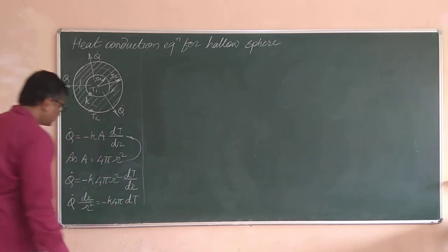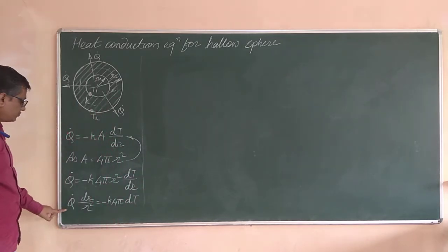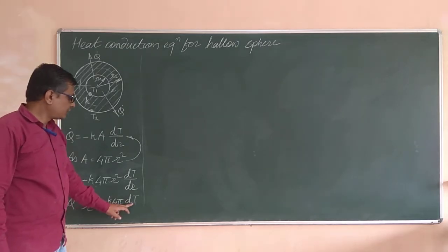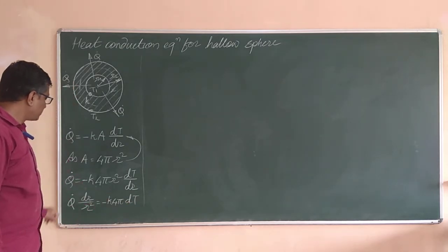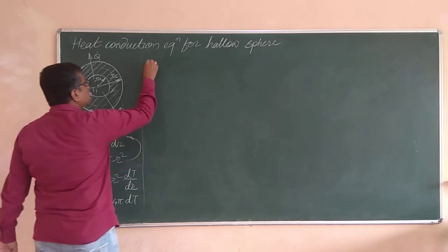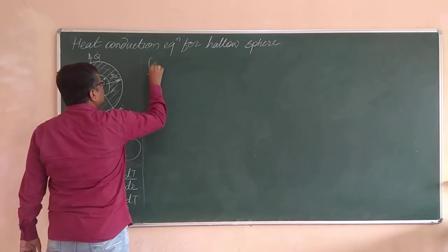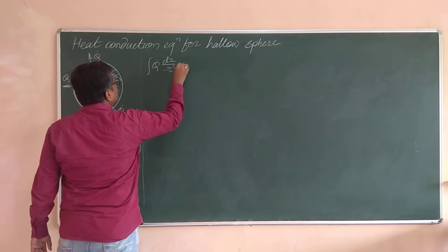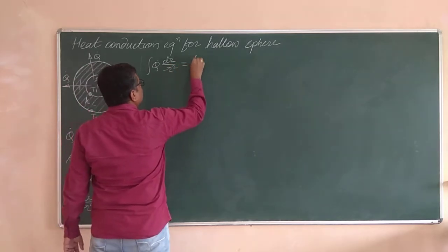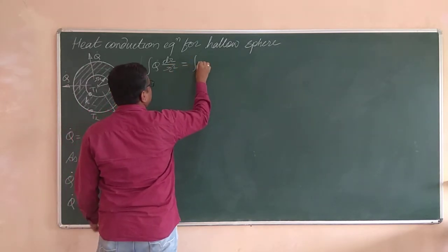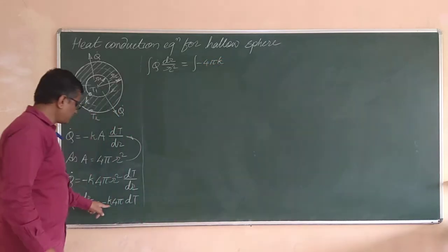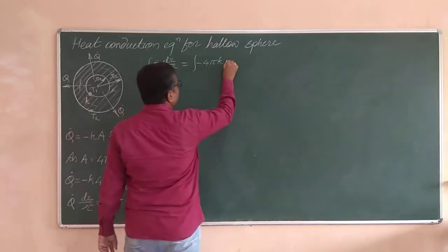So what next? Now integrate this equation with certain variables. The variable on the left hand side is the radius r, and the variable on the right hand side is temperature T. So if I integrate this, by substituting the limits, the integral of Q dot into dr by r square equals the integral of minus 4 pi k into dT.